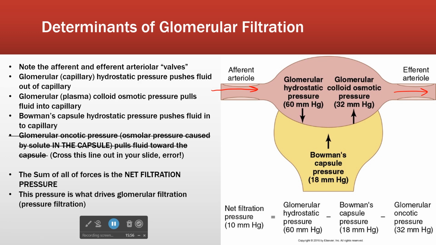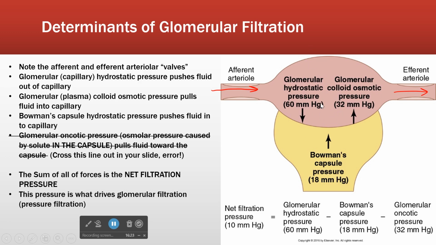It's not very compliant, so the more fluid you put into it, the higher the pressure gets. So we have to account for the Bowman's capsule hydrostatic pressure as well. It is pushing opposite glomerular hydrostatic pressure. The heart's trying to push fluid out. The capsule is restricting fluid movement, so it's pushing back.